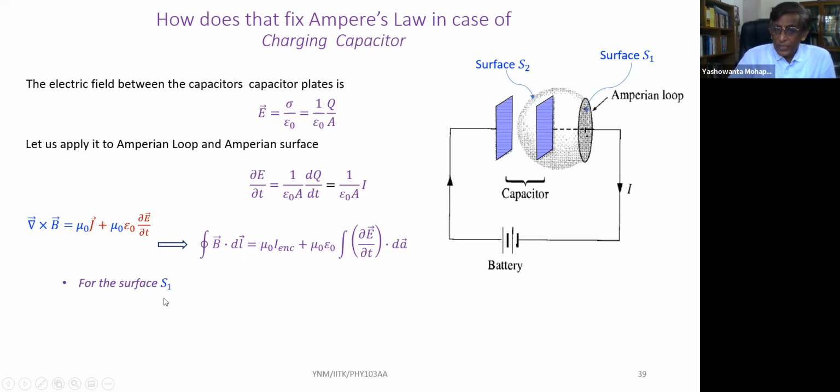For surface S1, E is 0 because it's outside, and hence the I enclosed contribution comes only from the first term, mu naught I enclosed, and the second term has nothing to contribute because outside for this surface E is 0. And what about surface S2? The I enclosed is 0.